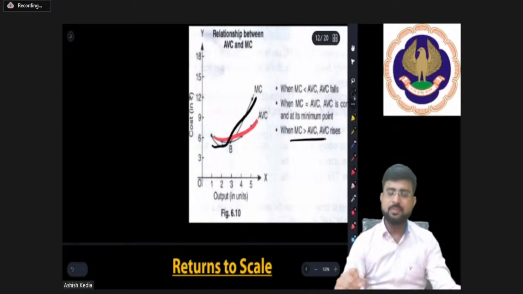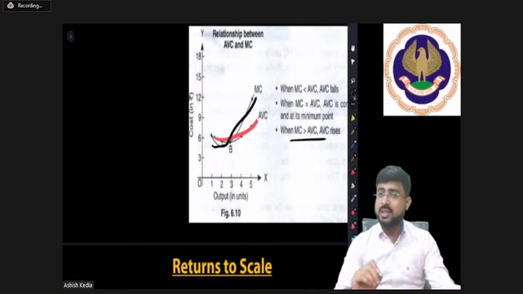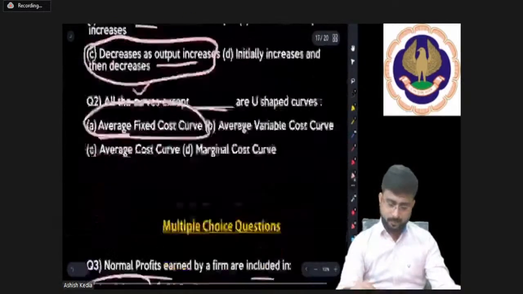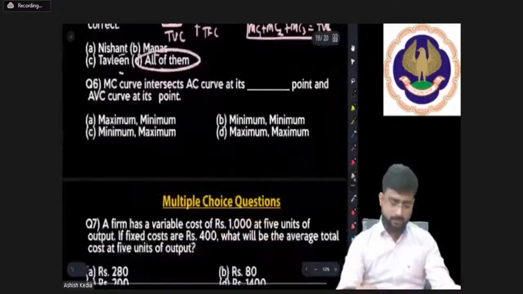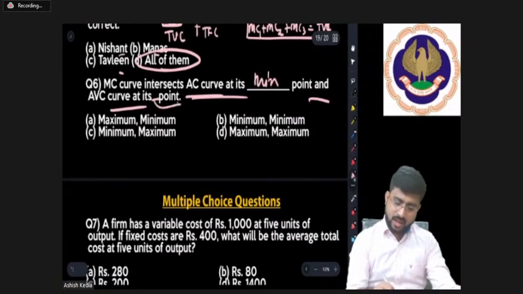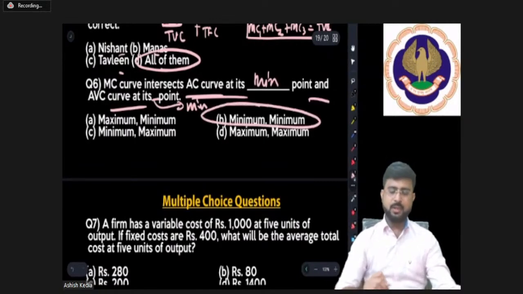And obviously MC is greater than AVC. So MC intersects both AC and AVC at their minimum point. Have a look. MC curve intersects AC curve at its minimum point and AVC curve again at its minimum point. So the answer to this question is minimum.